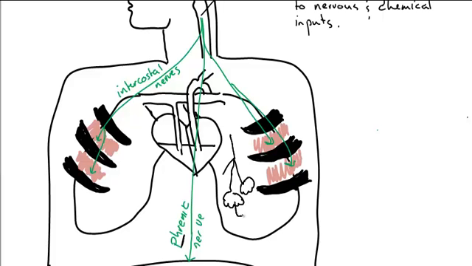In the alveoli, we have what are called alveolar stretch receptors. This is what's preventing you from breathing in so far that your lungs pop like a balloon.